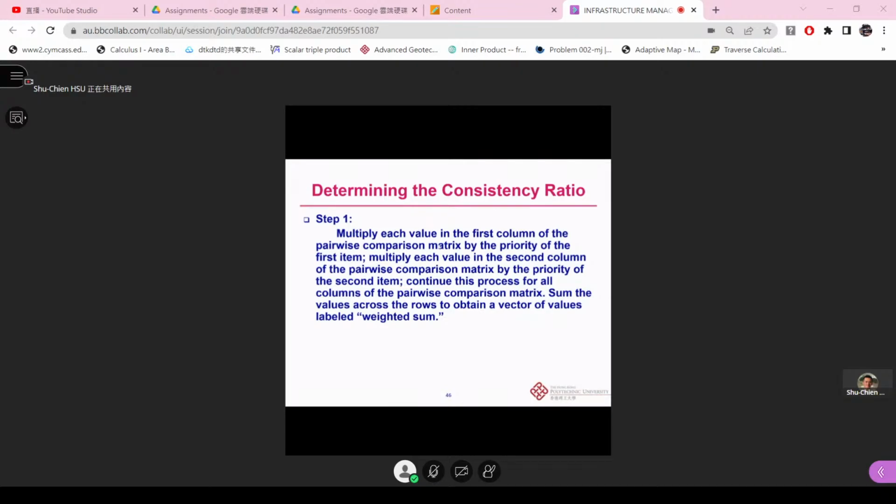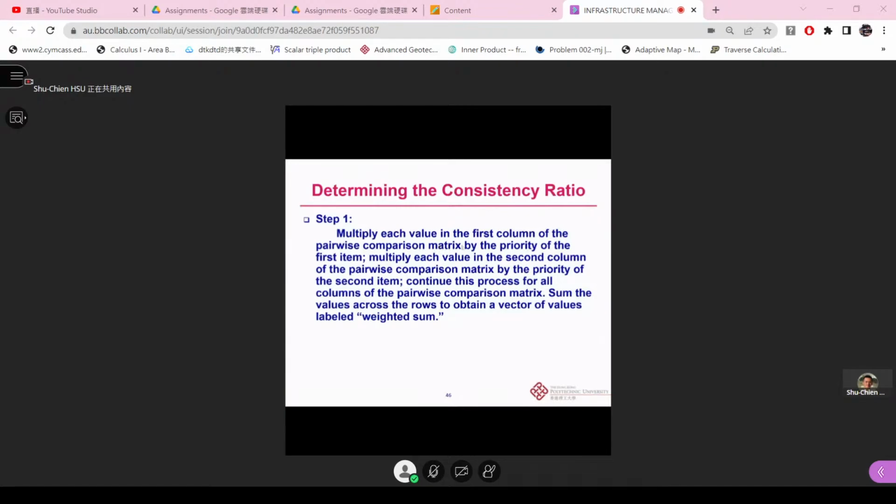How can we do that? We have some small steps that we need to follow. In step 1, we multiply each value in the first column of the pairwise comparison matrix by the priority of the first item, then multiply each value in the second column by the priority of the second item, and continue the process for all the columns of the pairwise comparison matrix.